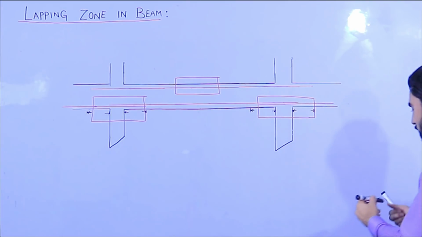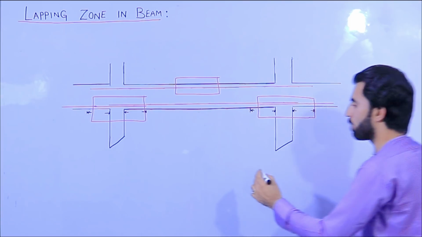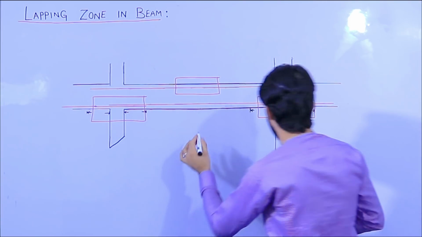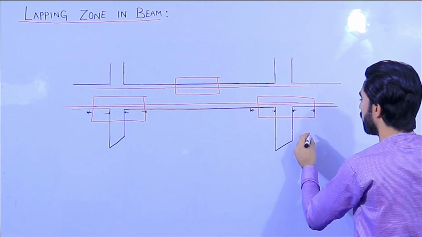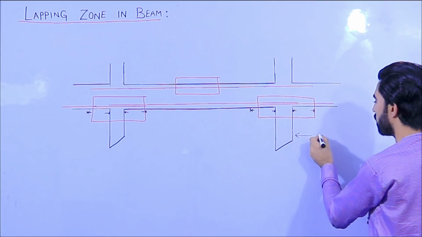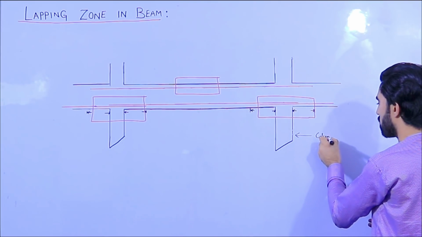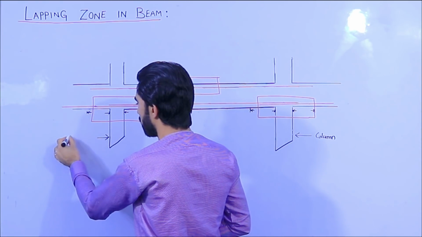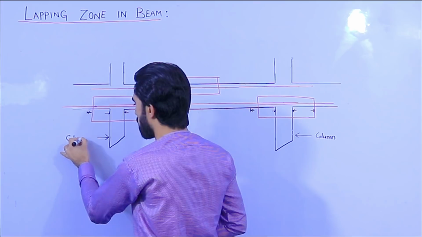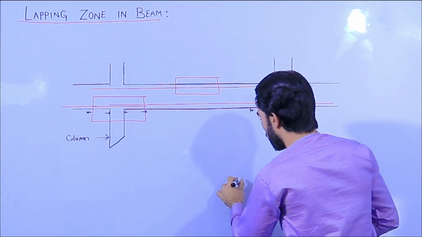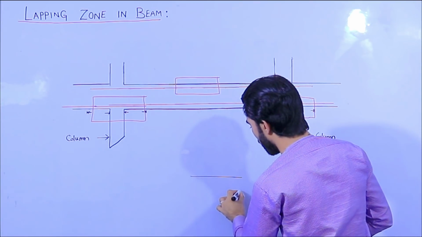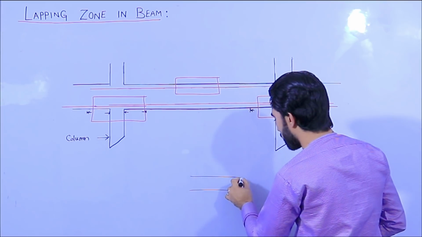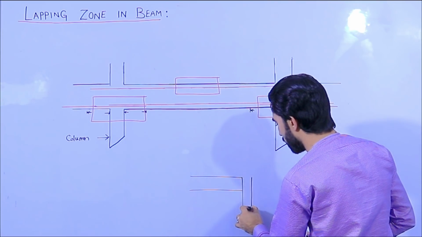As you know guys, for example, we have a beam. Suppose this is the beam you can see, and this is a column, this is also a column, these are supports. So here this is a beam, and this is a support. Support is what?